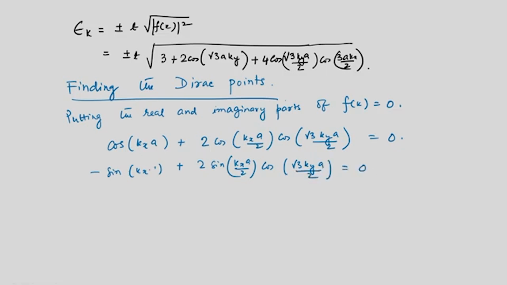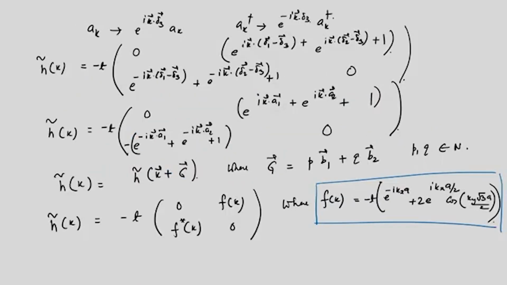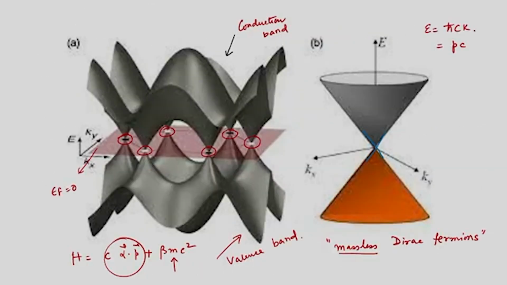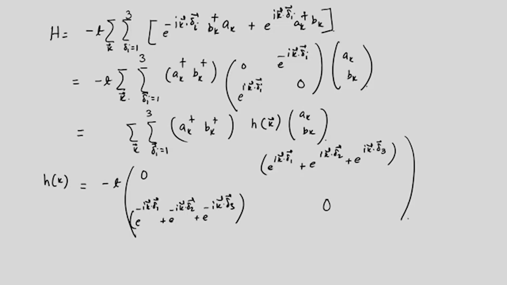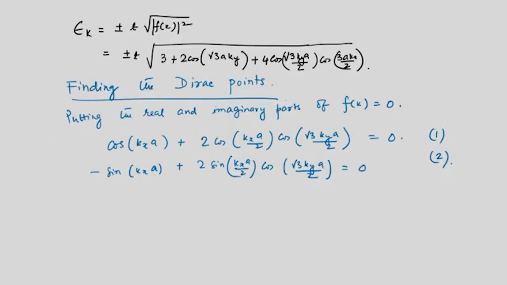The top one is from the real part, and the bottom one is from the imaginary part, putting that equal to 0. I hope I have been able to communicate why I am putting them equal to 0, because I want to see these points of touching which I have shown here, these red circle points, which I am trying to determine. Because the dispersion gives you a 0 value, f of k has to vanish, and from those conditions we have found these two equations.